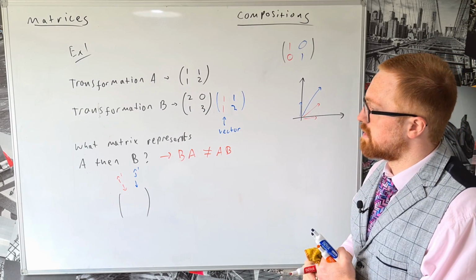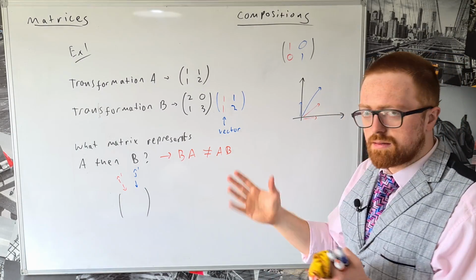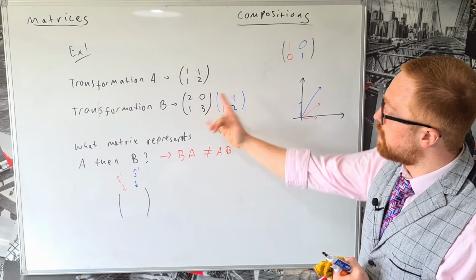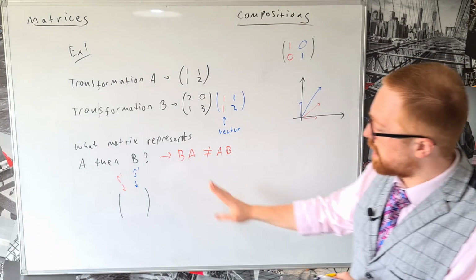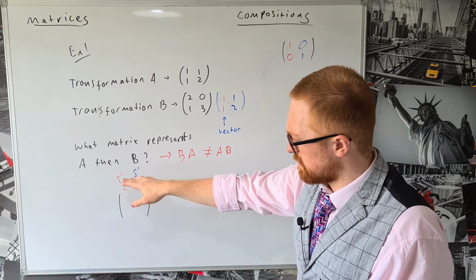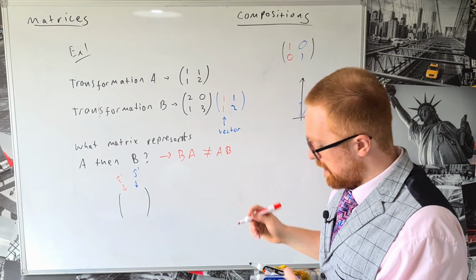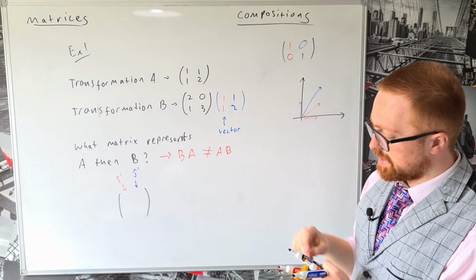You can imagine some transformation where if you reflect it and then shear it, that might be different to if you shear it and then reflect it. So the order of this matrix multiplication really does matter, and we're kind of working backwards, going from right to left, because the vector has to go on the right hand side.